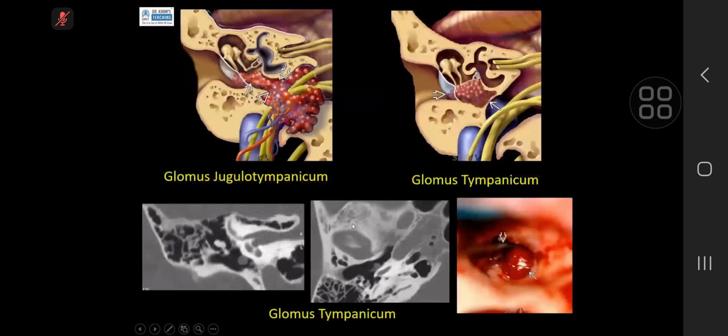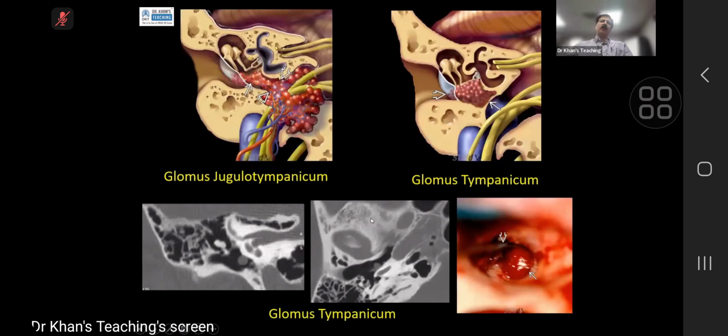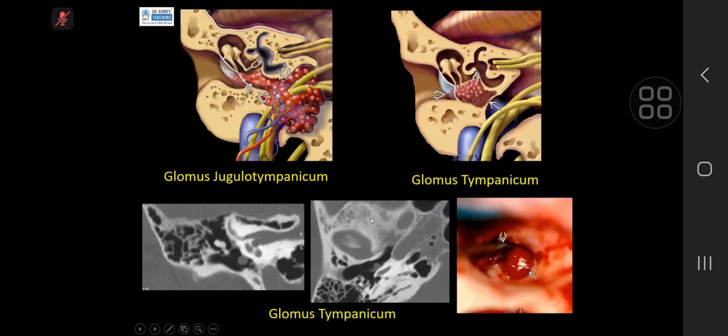Okay, so good. Let me tell you the concept. Now, glomus tumor is a very, very important case in the exam. Please remember the location changes the name of the tumor.